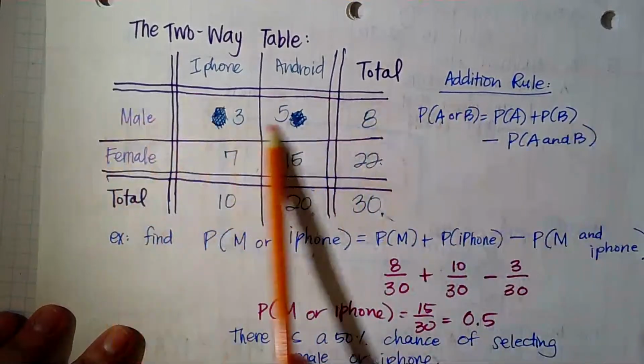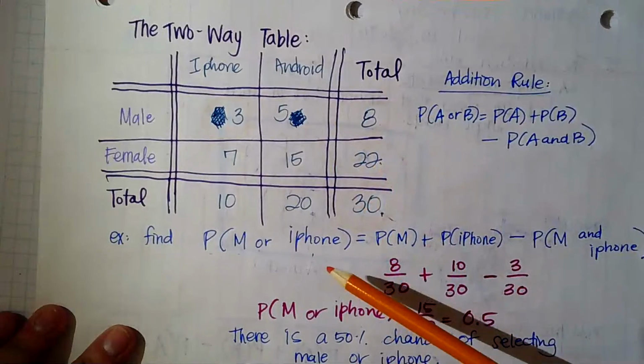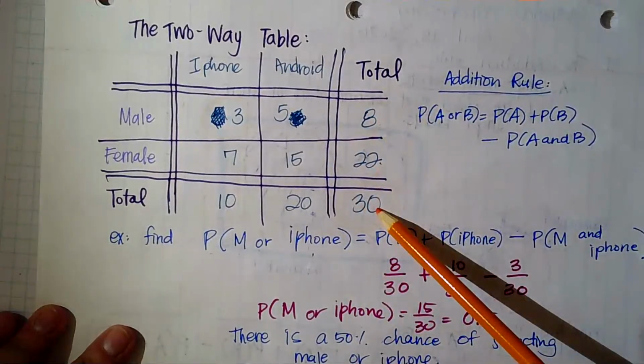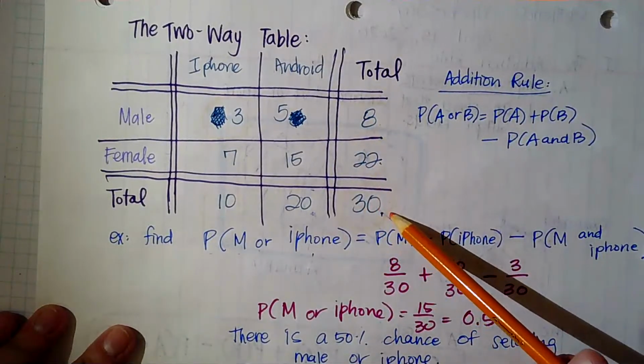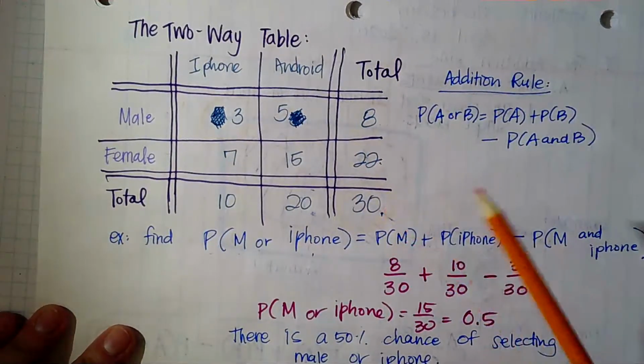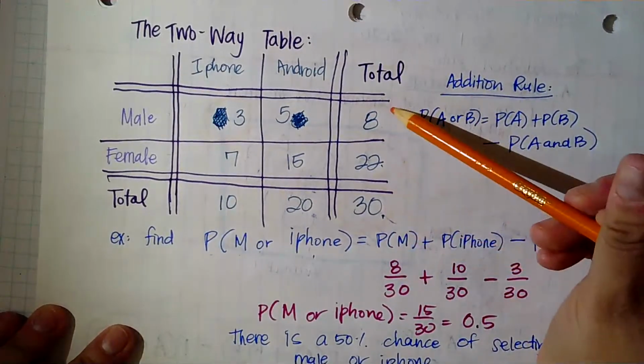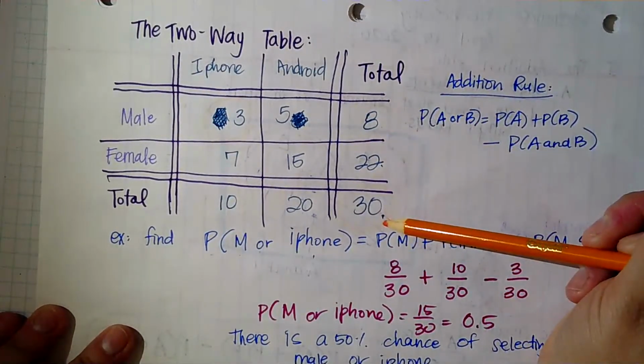How many people are there in total that are boys? 8. Remember, probability means occurrence over sample size, or sample space, which is the total values in the space. So the probability of being a male is 8 over 30.